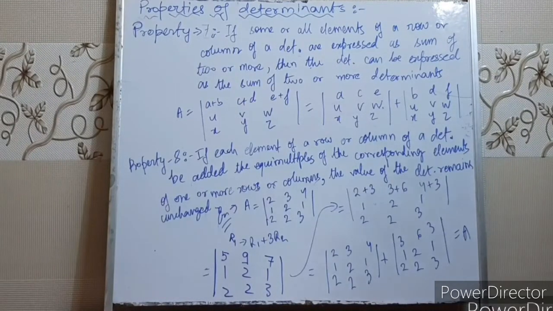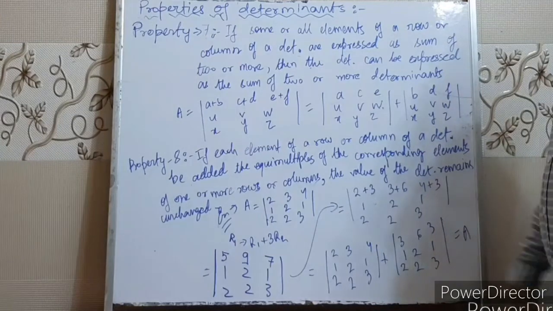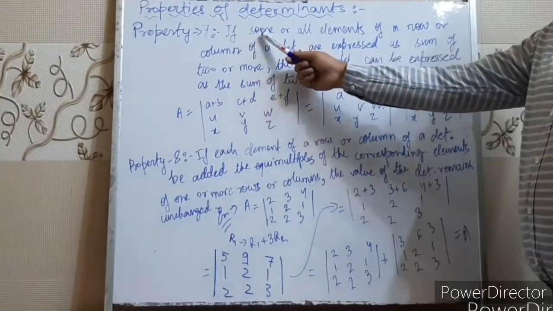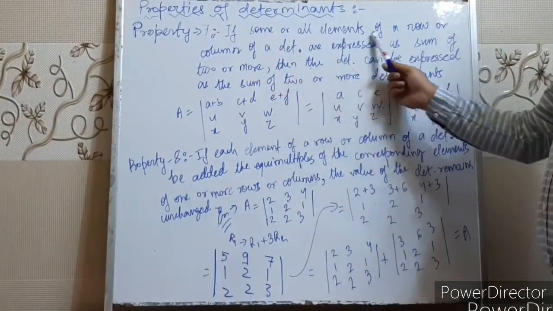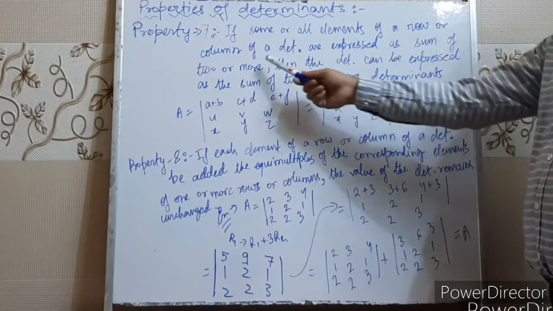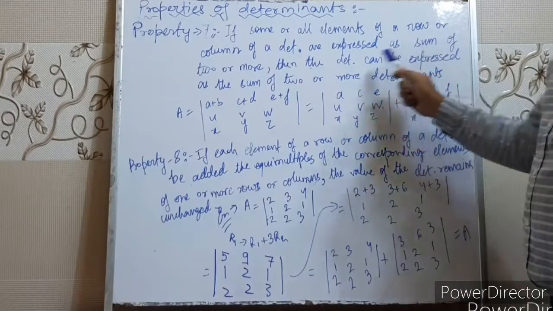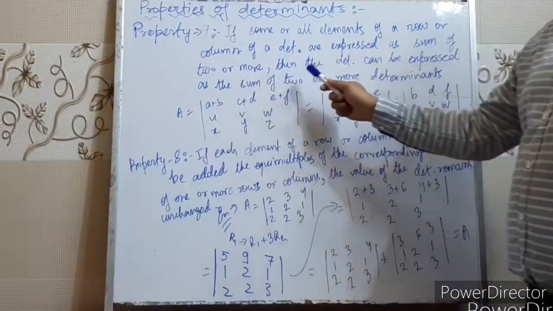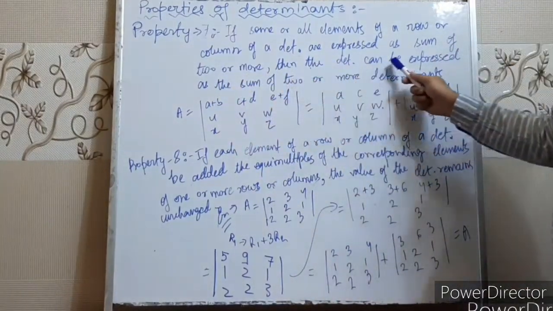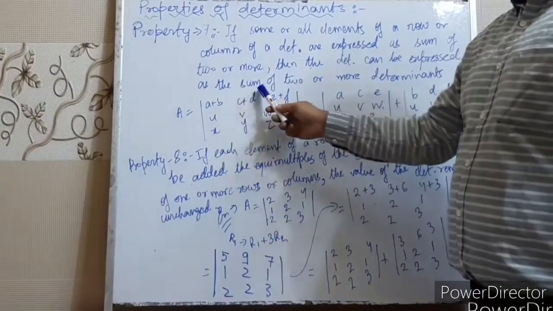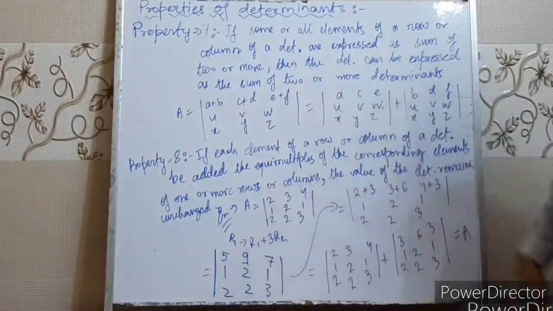Children, let's see few more properties. Our next property states that if some or all elements of a row or column of a determinant are expressed as sum of 2 or more, then the determinant can be expressed as the sum of 2 or more determinants.